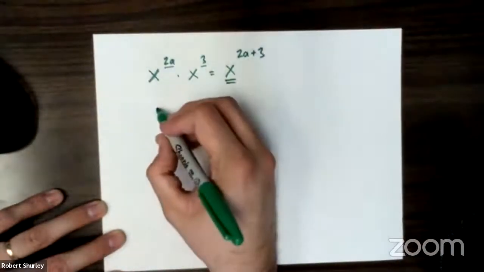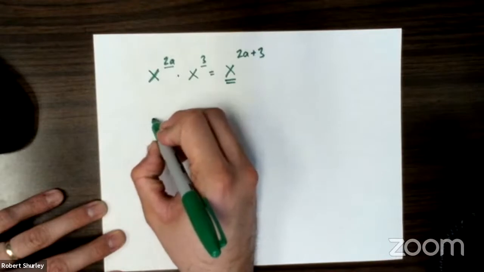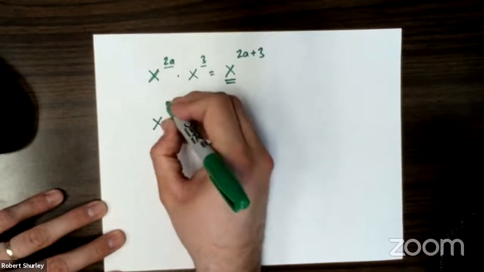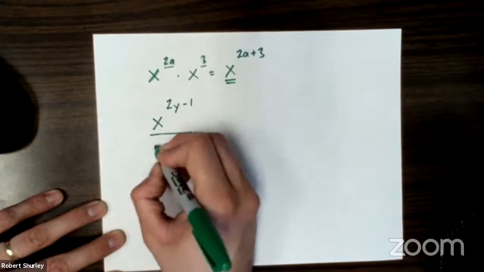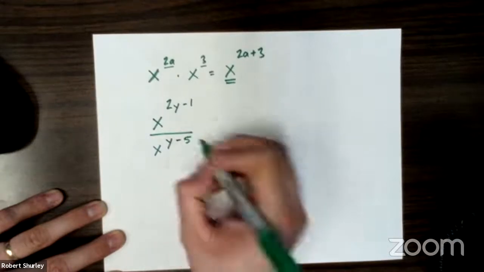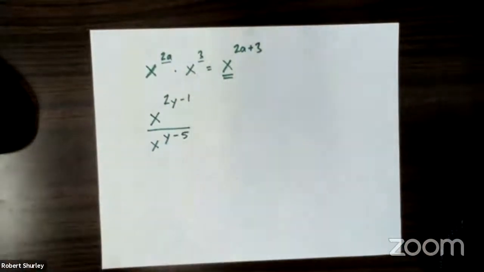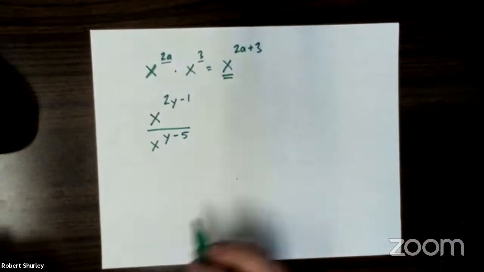So if we looked at another one, I'm stealing this one straight out of the book. If we had x to the 2y minus 1 over x to the y minus 5. So x to the 2y minus 1 over x to the y minus 5.